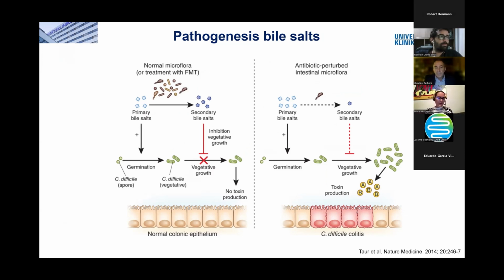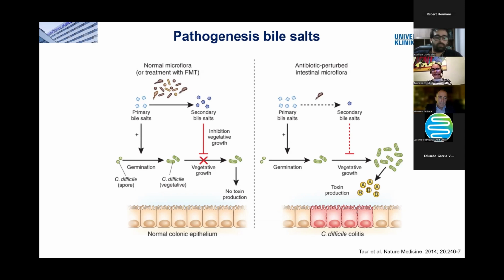An intact microbiota is very important to support the transformation from primary into secondary bile acids. These in turn are important for the inhibition of transformation from the spores into the vegetative forms and the growth of the vegetative forms, and then eventually also the toxin production.